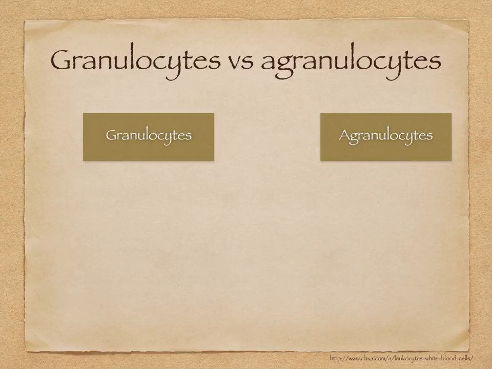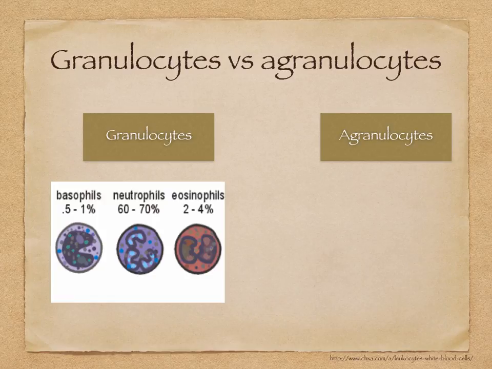Sometimes white blood cells are differentiated according to whether their cytoplasm appears granular when stained under a microscope. Looking at granulocytes, these have lobed nuclei, as you can see here, and they include neutrophils, eosinophils, and basophils.